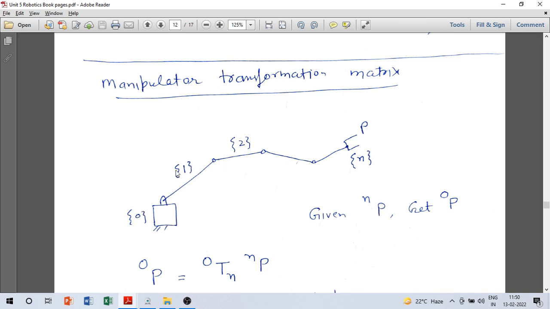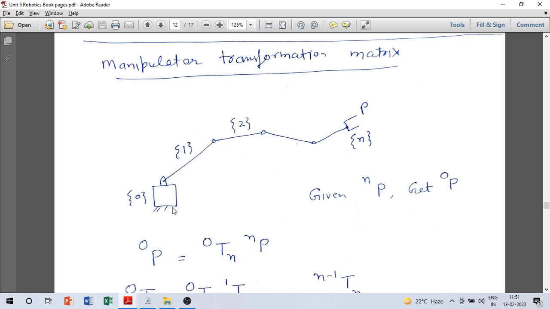That is easy because the description of point P in frame n does not change, since frame n is attached to the end effector and point P is on the end effector. So given nP, what we are interested in is P0, the description of P in the base frame, which is attached to the lab, you can say.